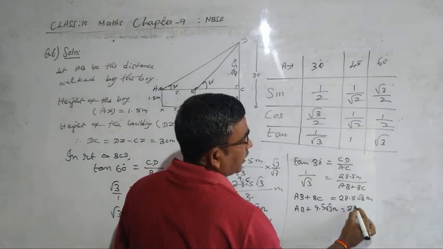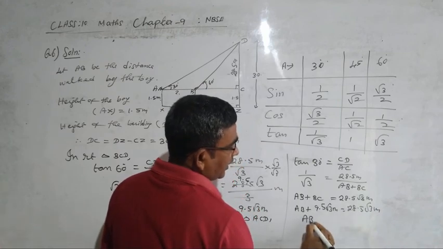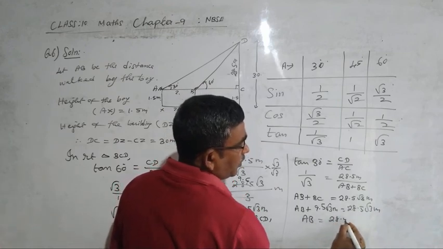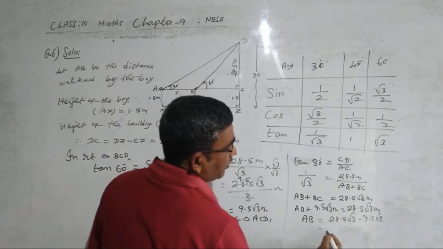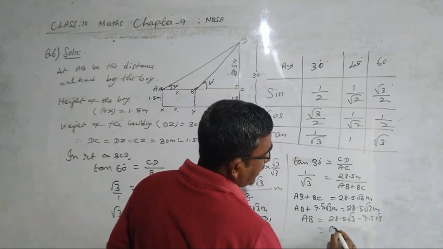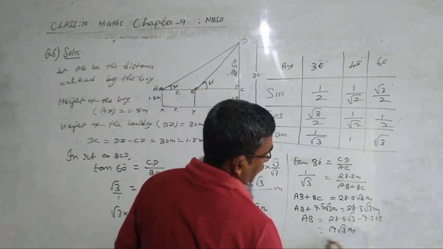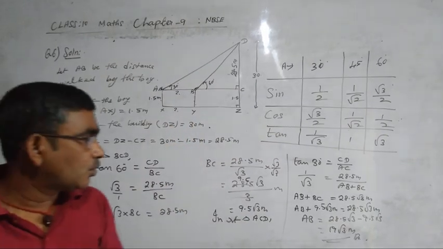So AB is 28.5 root 3 minus 9.5 root 3. If you subtract, 28.5 minus 9.5 is 19 root 3 meter. So the distance walked by the boy is equal to 19 root 3 meter.